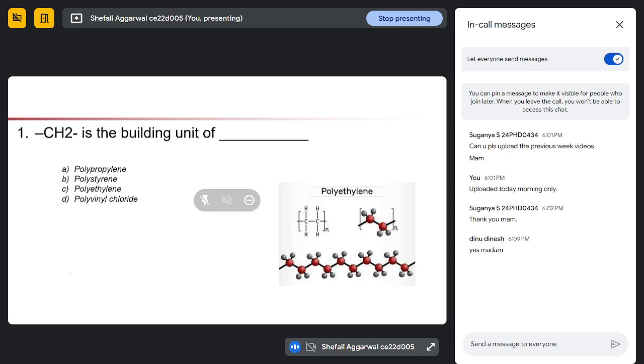It is the basic unit of normal polythene. In case of polythene, we have a monomer of CH2, CH2, CH2, which is repeated multiple times, and this is the monomer for polythene.